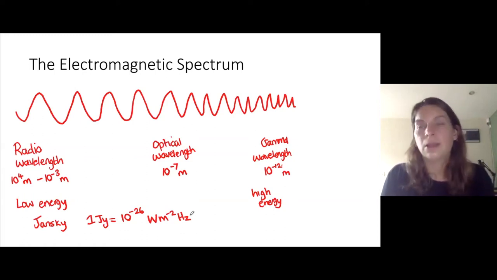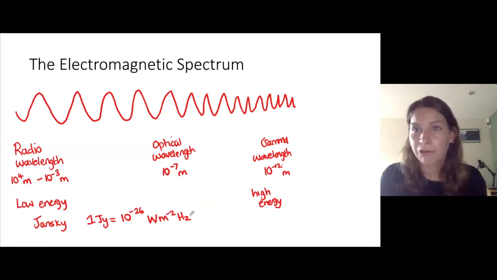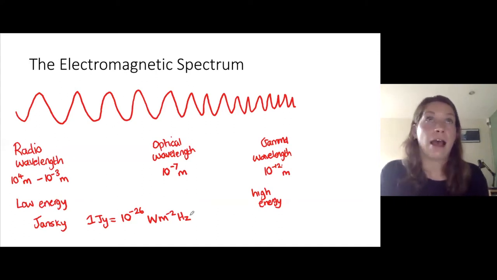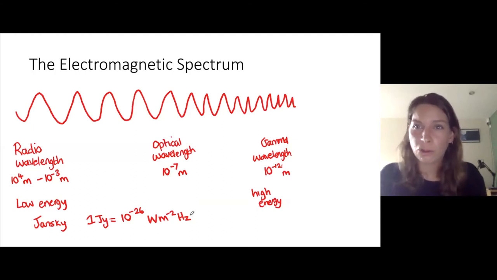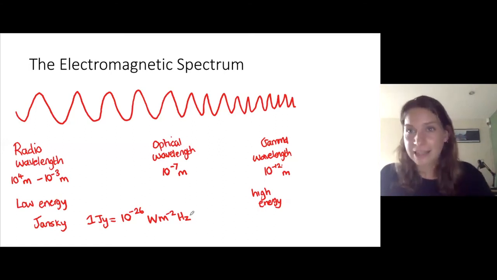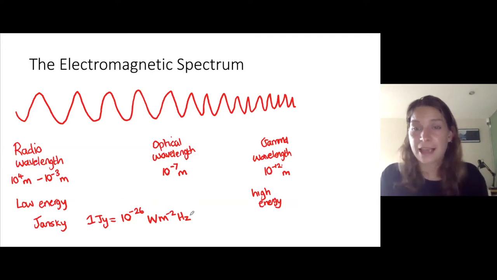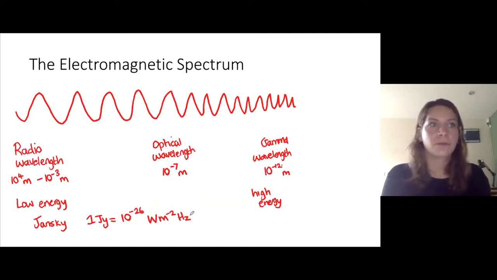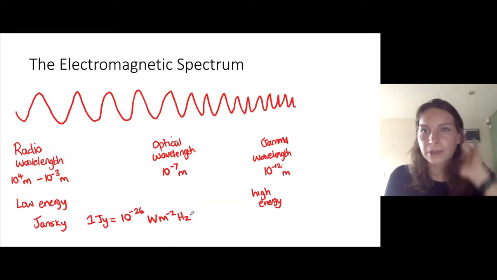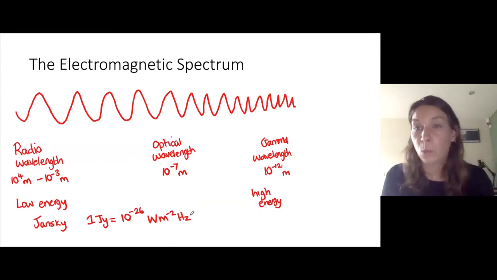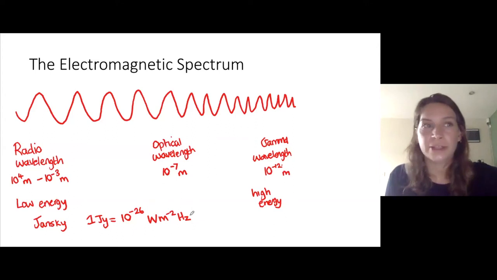So for example, the radio signal that your mobile phone will receive measures at about 10 to the power of 10 Janskys. The radio signal that the sun is giving off is about 10 to the power of 4 Janskys. However, the radio signal detected from one of these distant radio sources with these jets is about 1 Jansky. So we need to be able to build a telescope that's capable of detecting very, very weak signals and also signals from things really, really far away.